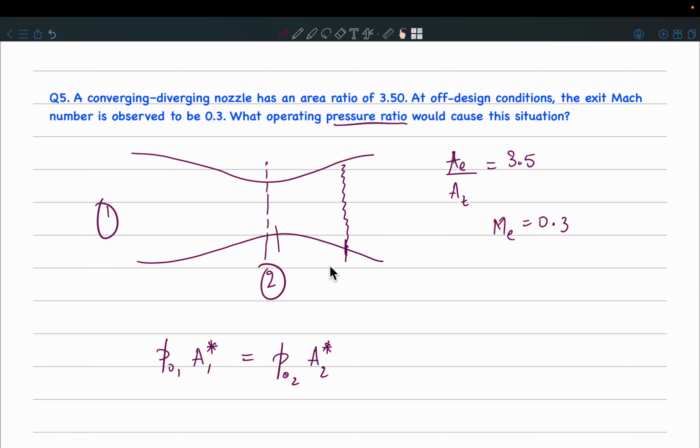Just before the shock is section 3, just after the shock is 4, and the exit is 5. So AE by AT is nothing but A5 by A2 in this numbering system, and this ME is M5.